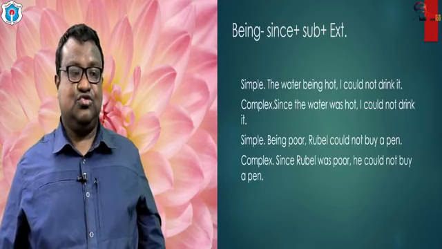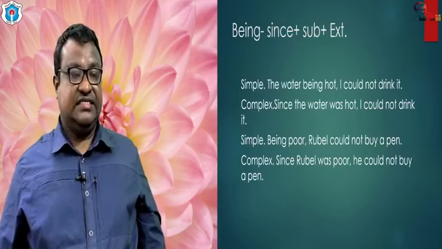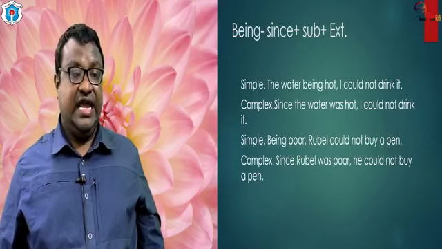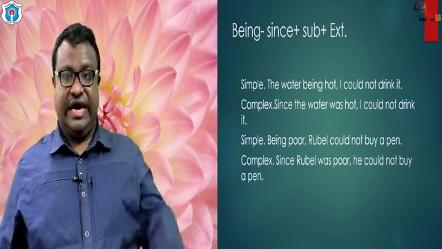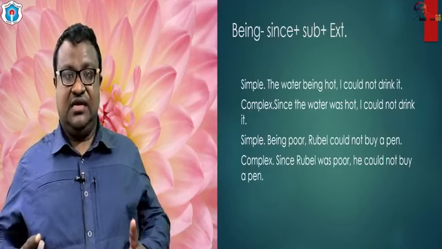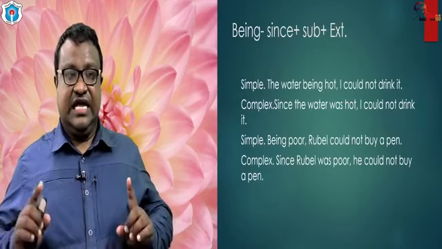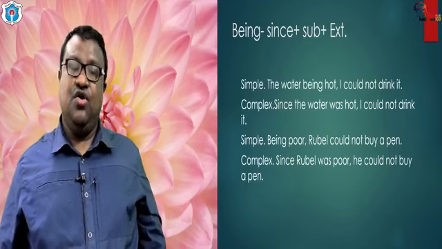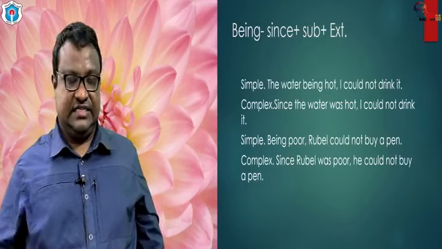So the sentence would be, since the water is very hot, I cannot drink it. And of course, instead of was, at that time we will use is. So when we are using the auxiliary verbs, we must think about the tense when we are transforming a sentence.